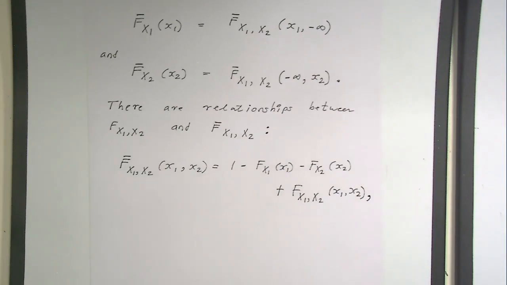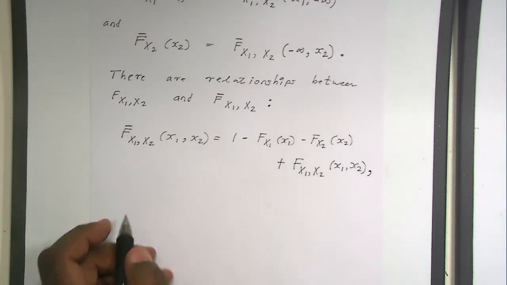What this relationship says is that if you know the marginal CDFs and the joint CDF, then you know how to compute the joint survival function, right? You might have seen this before. And also the reverse is also true.